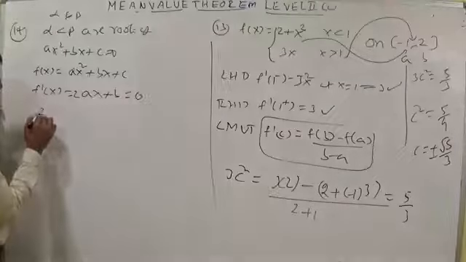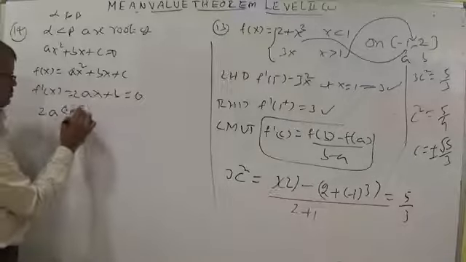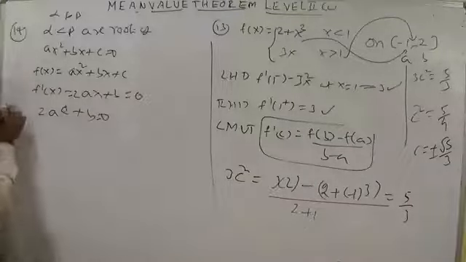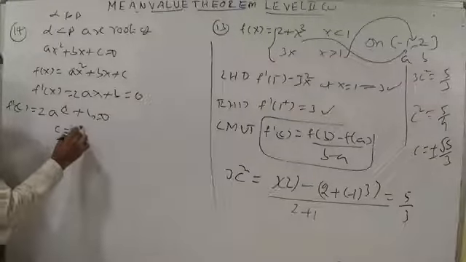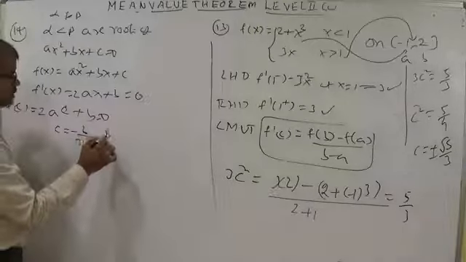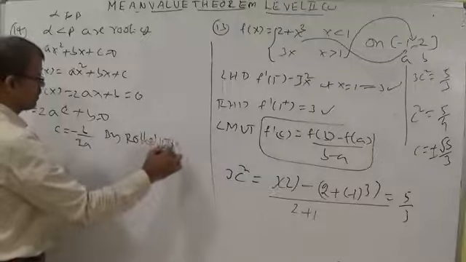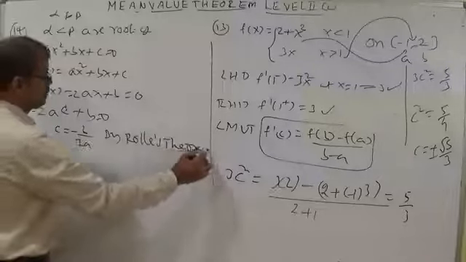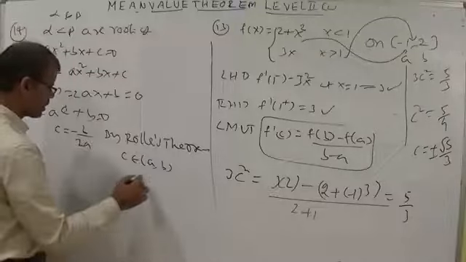Then you can say 2ac plus b equal to 0. About f dash c I am discussing. So you can say here c is equal to minus b by 2a. By Rolle's theorem I am writing. By Rolle's theorem, we can say that small c belongs to the open interval a comma b.